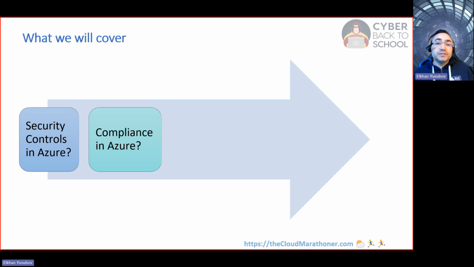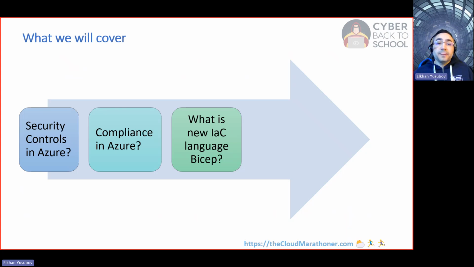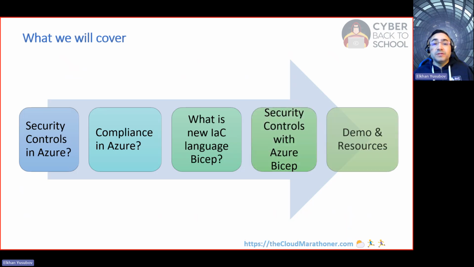And then we'll look into the infrastructure as code language Bicep, which will help you write down your security as code instead of using click-ops. Then we will look into actual demos of security controls with the Azure Bicep language. And finally, we will look into some demos and references to help you get some insights and get going with the code that's already created in my GitHub repo, and I will share that with you.